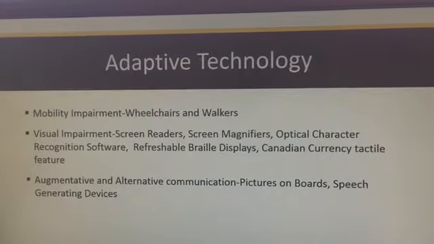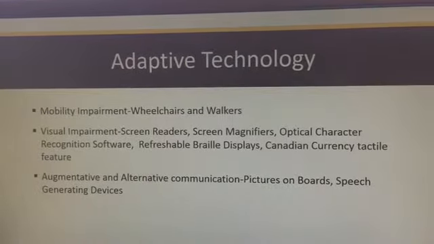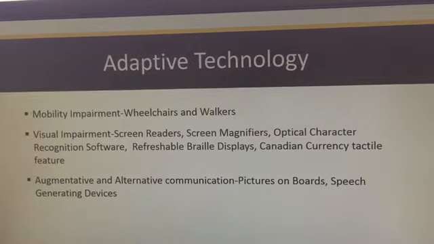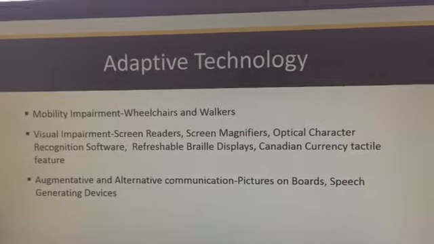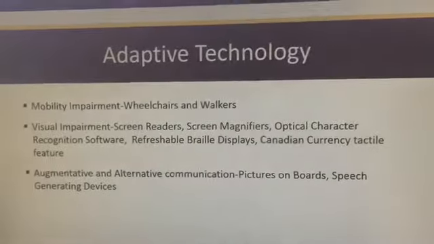And then augmentative and alternative communication is for people who have difficulty communicating, and they have restrictions on the production or comprehension of written or spoken language.